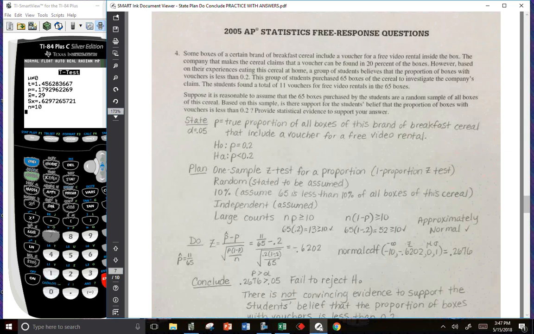So what is it for mean for population? What is it for sample? What is it for proportion? It's regular P for population. It's P hat for sample. What is it for standard deviation? Sigma for population and S or SX for sample. Were there others? I think that's pretty much it.